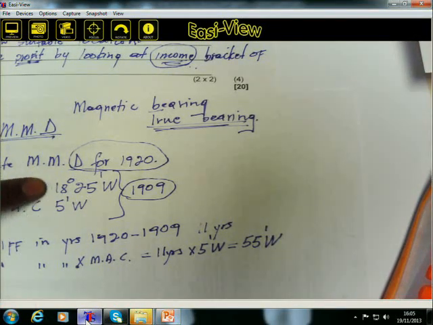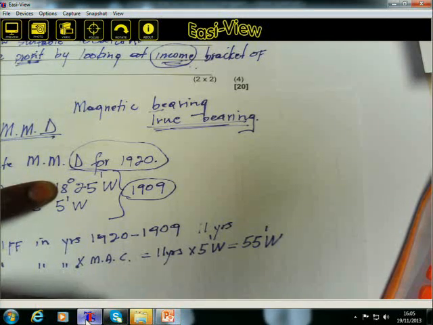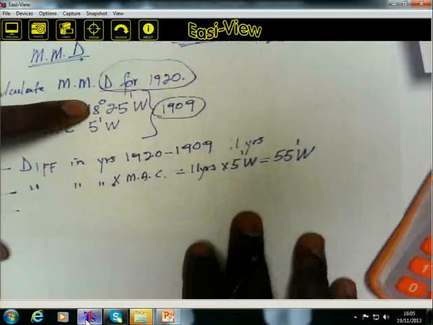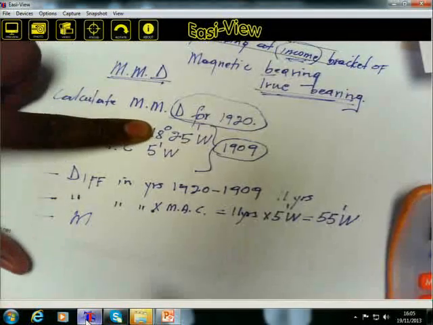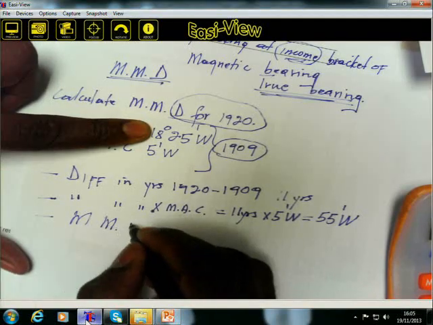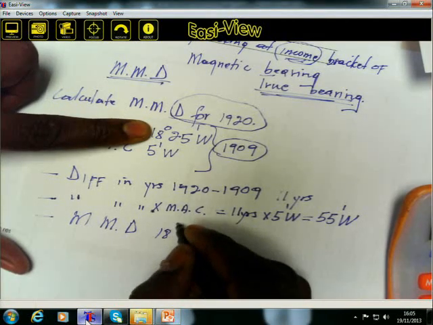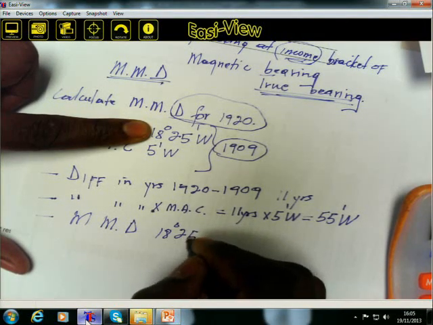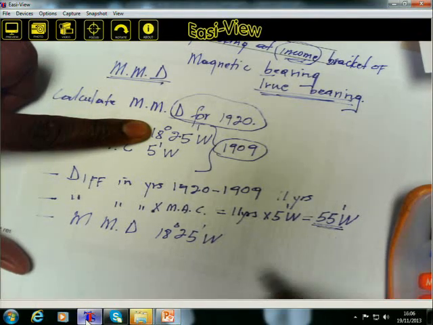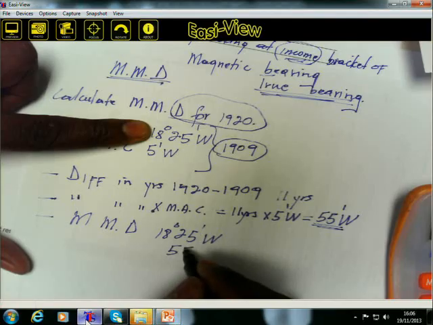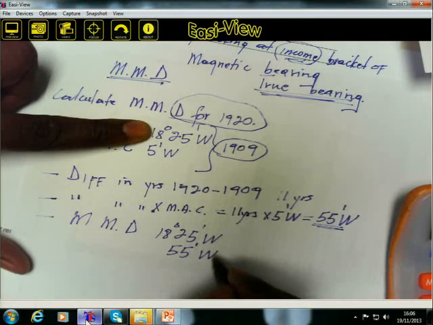Then I must bring down the mean magnetic declination. Then we say the last step, mean magnetic declination is 18 degrees 25 minutes west. The answer that I've just got is 55 minutes west.